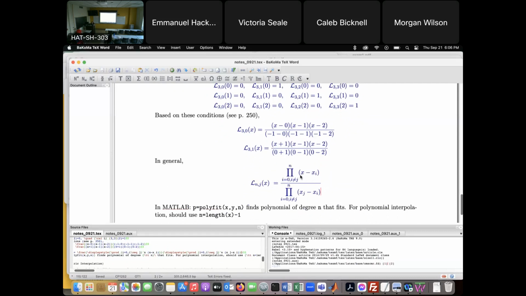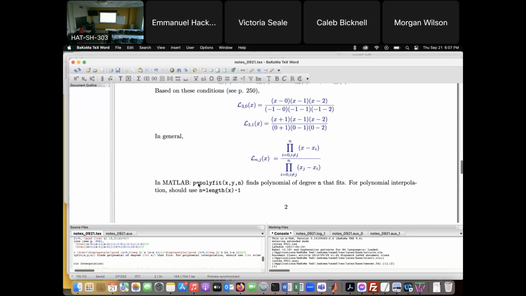That ensures that this Lagrange polynomial is 0 wherever it needs to be 0, for all xi not equal to xj. And then if I substitute x equal to xj into each of these factors, that's what I put in the denominator to make sure that it's equal to 1 where it needs to be 1. So then you have the interpolated polynomial set up that way.